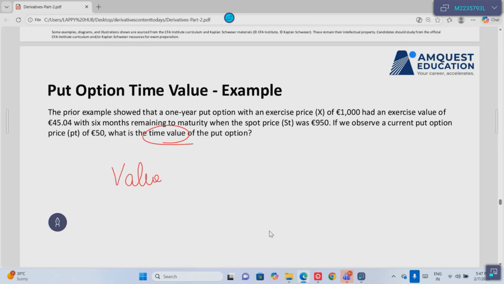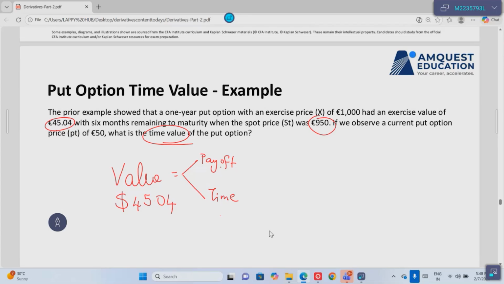The value को strip करो into payoff value and time value. What's the value? We already found out 45 in the earlier sum, right? So the value was 45 which we computed. इसमें से कितना पे ऑफ और कितना टाइम है?